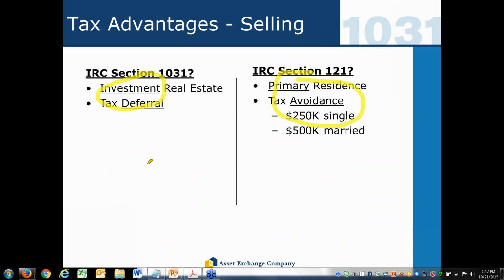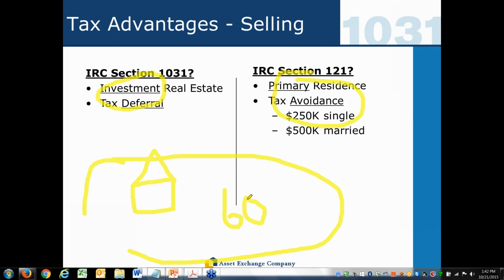Now, it doesn't have to be a 2-unit building. We have clients who own different types of real estate that may qualify for both of these tax breaks. I'll give you an example. I had a client recently sell a farm. It was a 60-acre dairy farm. She lived on the farm, so the home that she lived in was eligible for the homeowner's exemption.